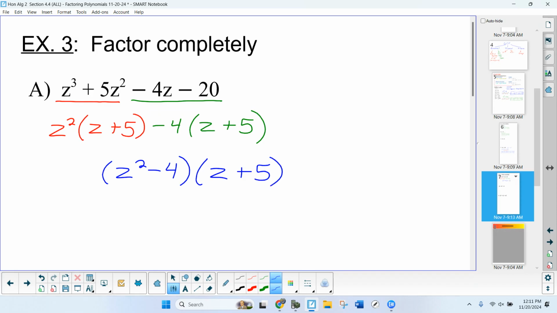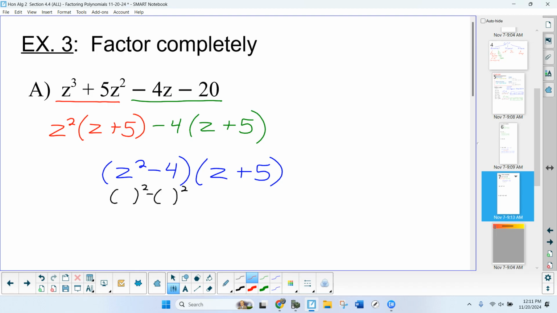The only thing is, you got to ask yourself, am I finished? The second one is linear, but the first one is not linear. I have a binomial, I have a difference. Do you have 2 perfect squares? A lot of you will skip writing this, but if you need it, write it.